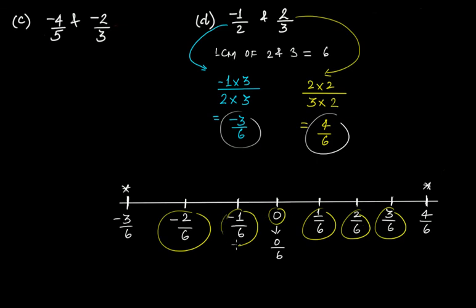You can choose any 5 rational numbers, and you can further simplify some of them, like it's 3 over 6, this can be written as 1 over 2. This is 2 over 6, this can be written as 1 over 3. Similarly, this can be written as minus 1 over 3, right? So you can even write this one also, but again, even if you write this minus 2 over 6, it's not going to make any difference.